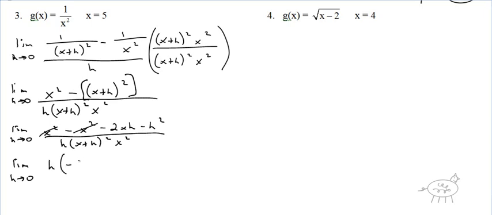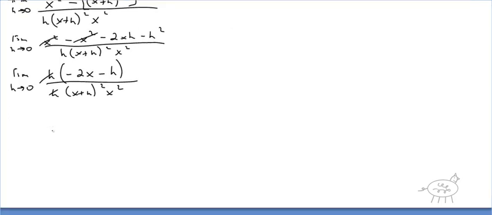So we get h, and then we get negative 2x minus h all over h times x plus h squared x squared. So the h's cancel, and let me just write this again, the limit as h approaches 0 of negative 2x minus h over x plus h squared x squared.